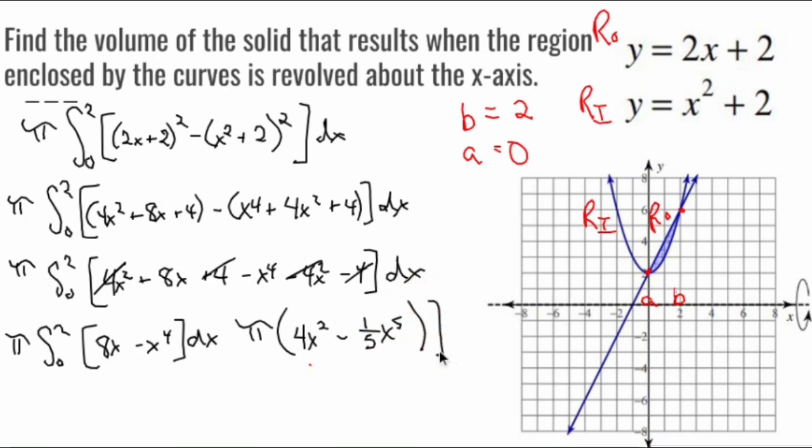And my limits of integration are 0 and 2. So let's leave this pi out here. That pi is just going to exist out there, and I'm going to make sure that I keep it attached to my final answer. I hope I gave myself enough room.